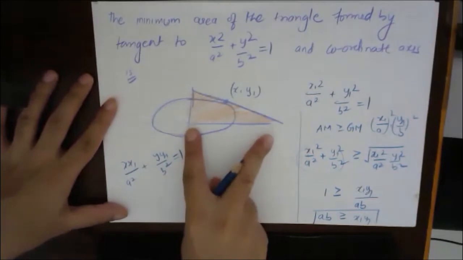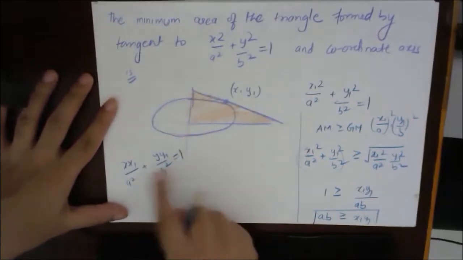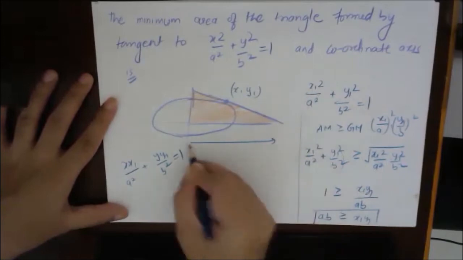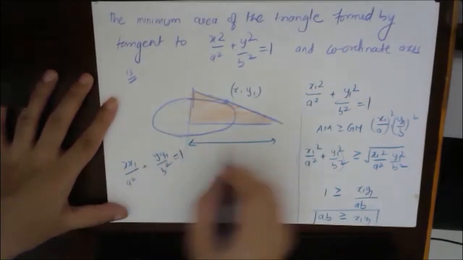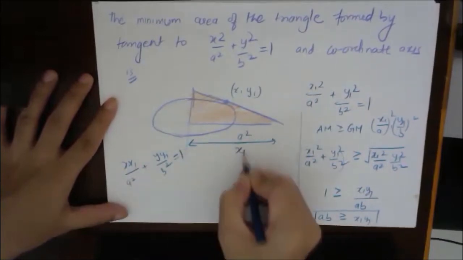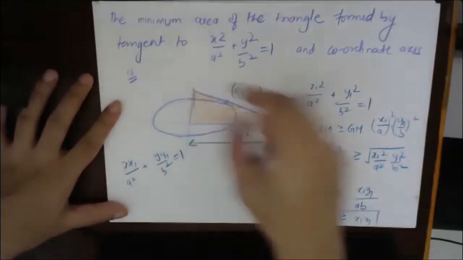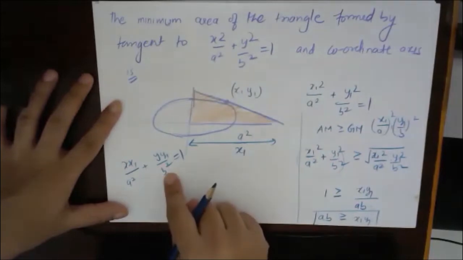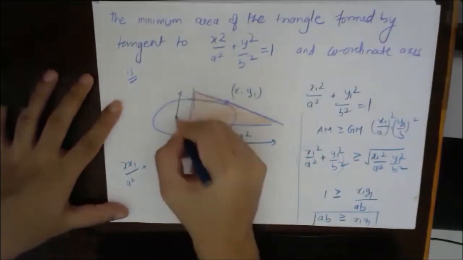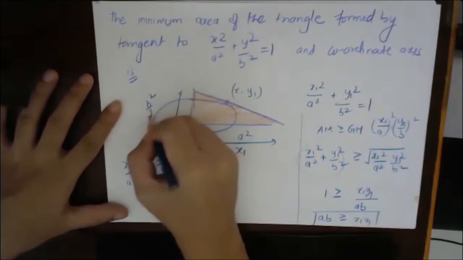Now, what is this base? This base is nothing but the x-intercept, a square by x1. And what is this height? This height will be nothing but the y-intercept, b square by y1. Okay.